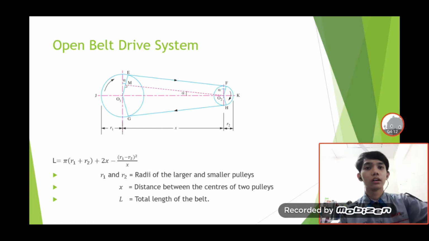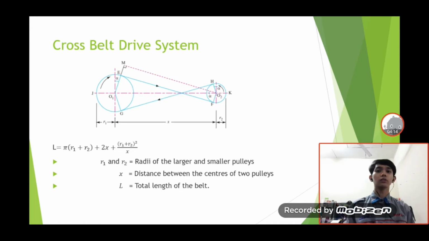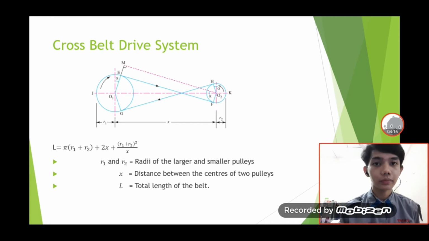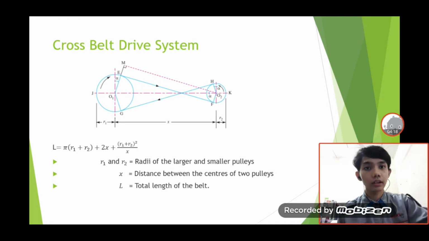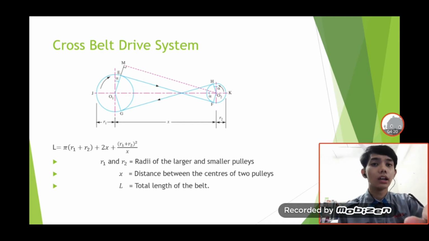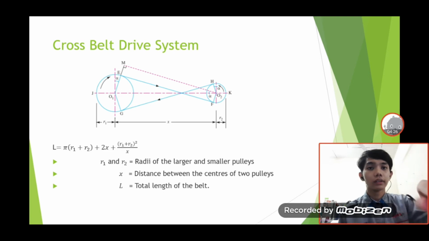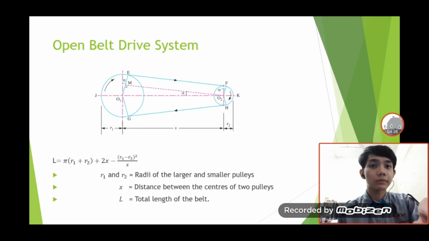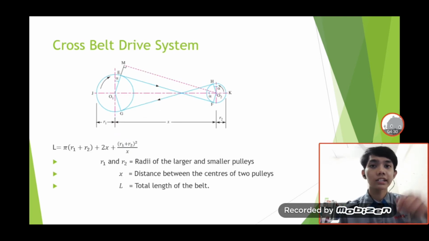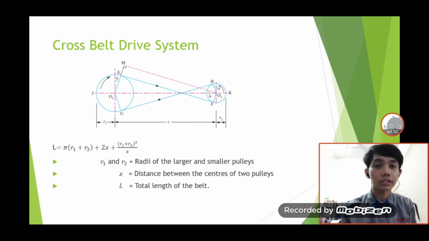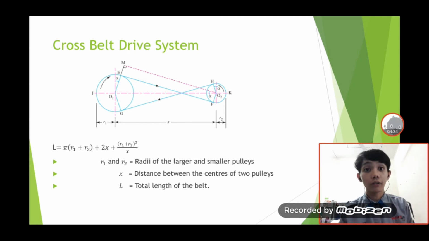For the cross belt drive system, it is a little bit different. As you can see, the arrangement or placement of the belt drive is different. The arrangement of the cross belt drive system forces both of the pulleys to rotate opposite to each other.